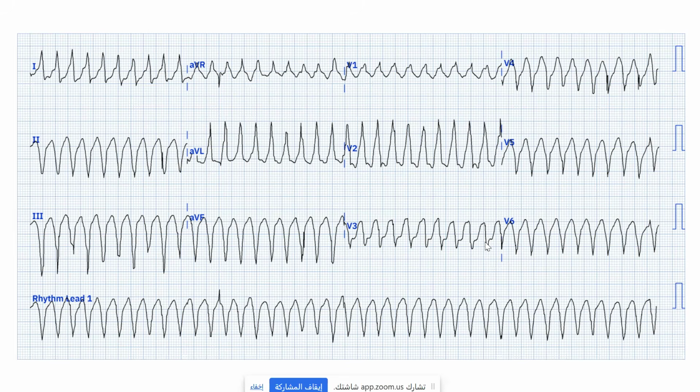Some interns come to you, please explain to me why you consider this VT. Maybe the QRS is quite wide. What else?